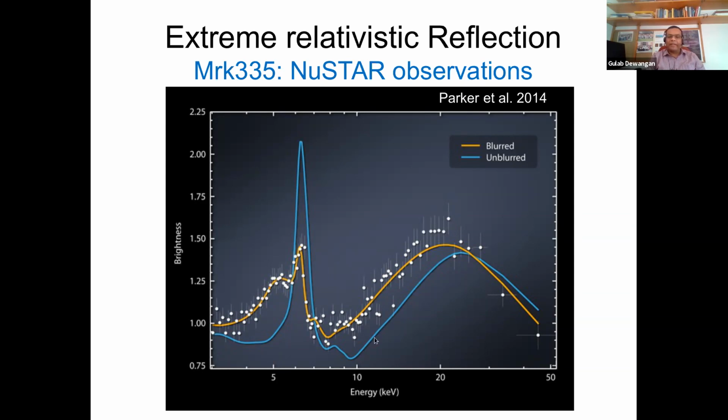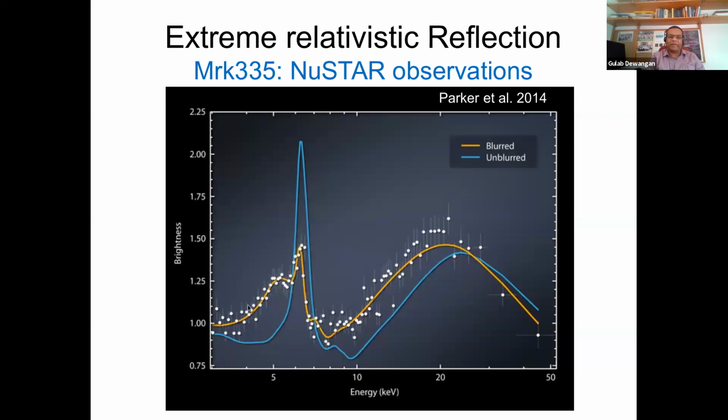And the blue line here is the model without any relativistic effects. If the line were coming from regions where there is no supermassive black hole, then the spectrum should look like the blue line here. But this obviously does not match the data.